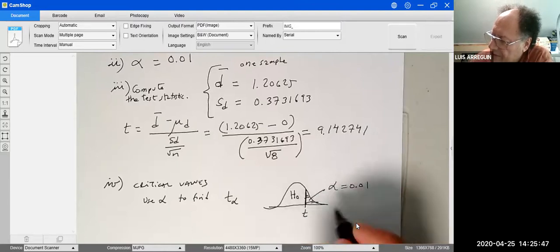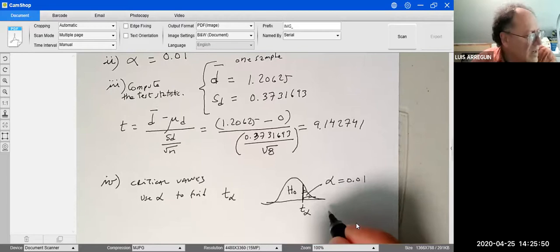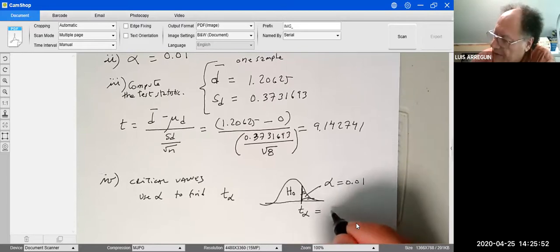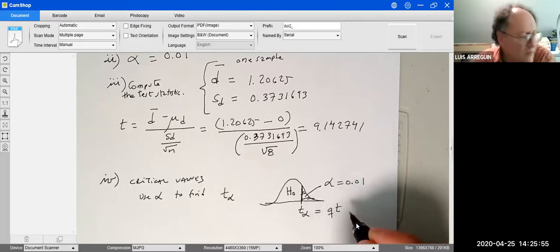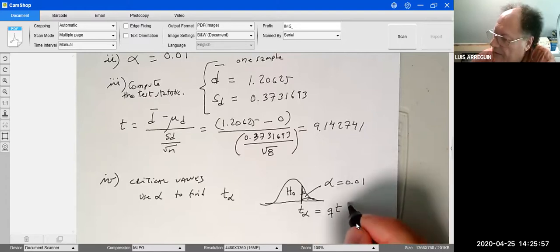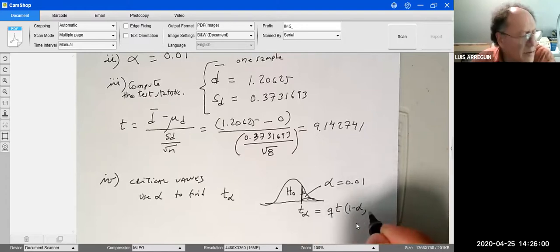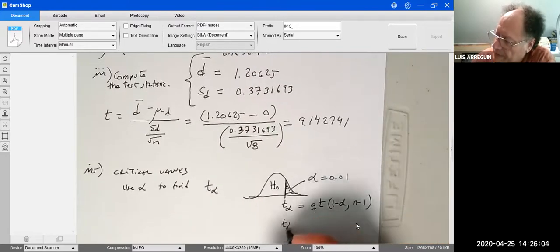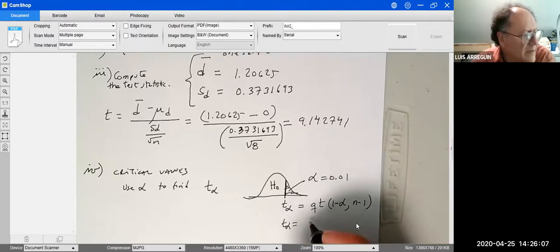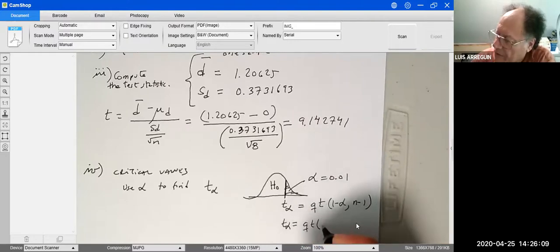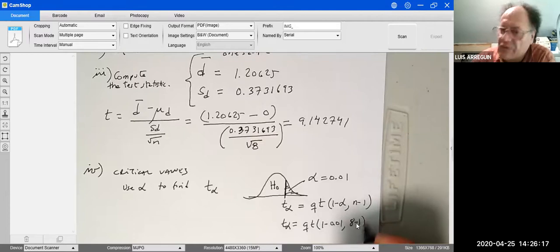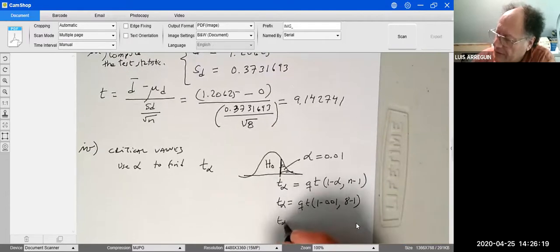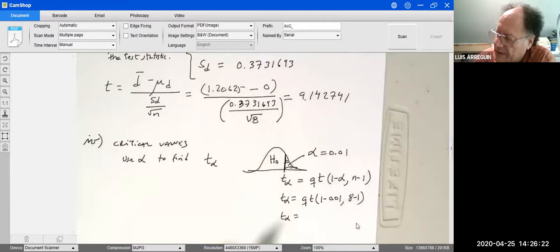Your t alpha, remember, uses the qt function with 1 minus alpha and degrees of freedom, which is n minus 1. So you enter qt of 1 minus 0.01, comma, 8 minus 1, and you get your t alpha to make the decision based on critical values.